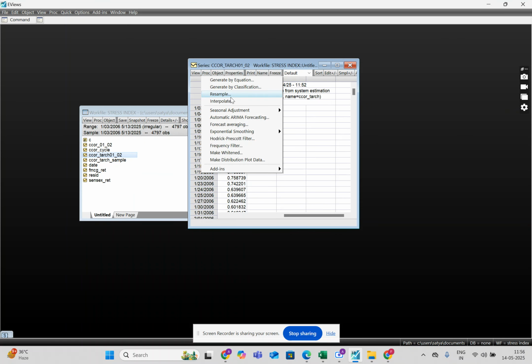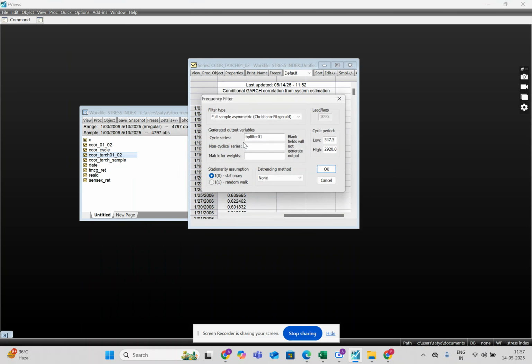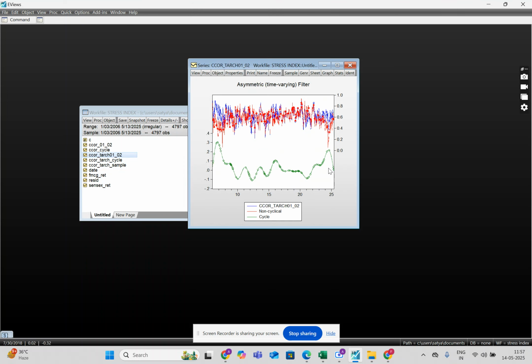So I go to proc. I will create the cycle from here. CCOR TARCH cycle. Once again. Okay. So this is the CCOR TARCH cycle.